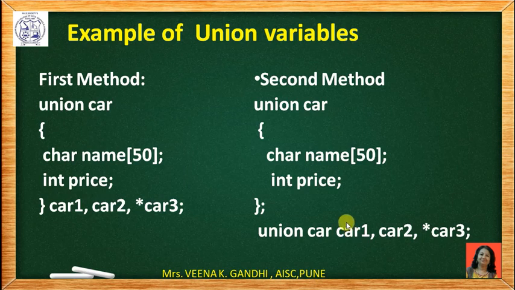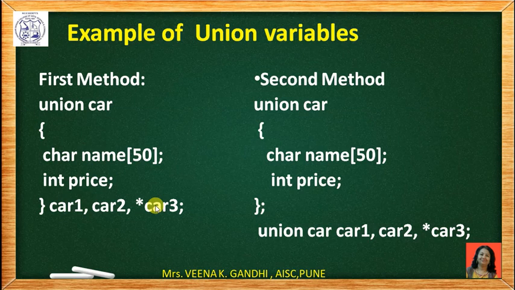Let's see an example of union variables. In the first method, the union keyword is followed by the name, car. In that, we define two members, name and price. Name is a character array of length 50, and price. After the closing braces, we define the variables car1, car2 and pointer car3.